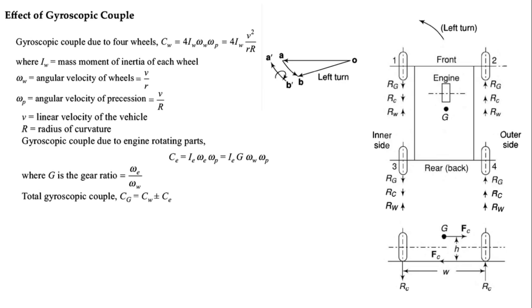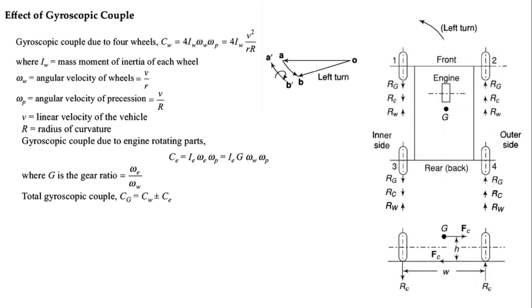You can see in this figure, on the front side, for tires 1 and 2, RG has a downward value for one wheel and an upward direction for the second wheel. RC is again in the opposite direction, whereas RW has the same direction for both 1 and 2.